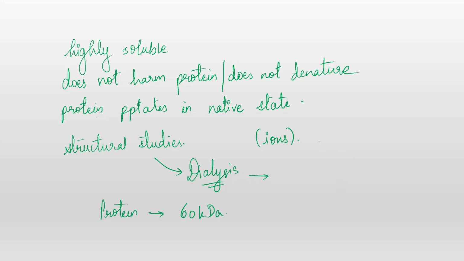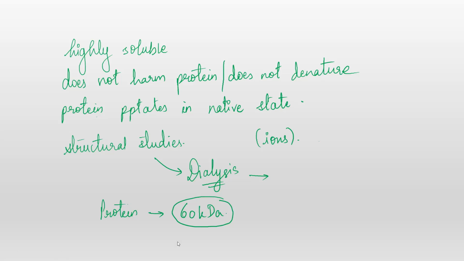What should be the cutoff value? If I want to retain the protein in the dialysis bag, should the cutoff value of the bag be greater than the protein size or lesser than the protein size?